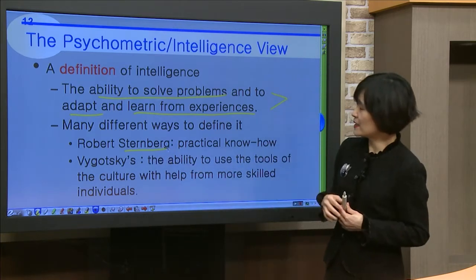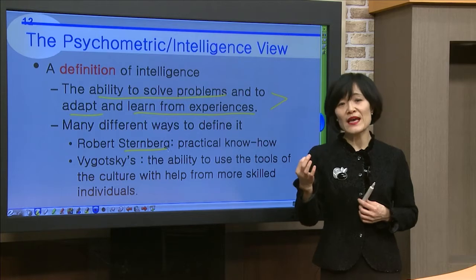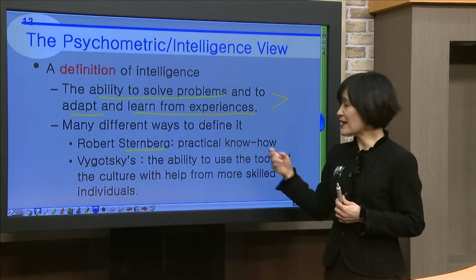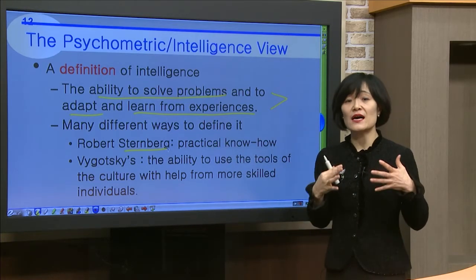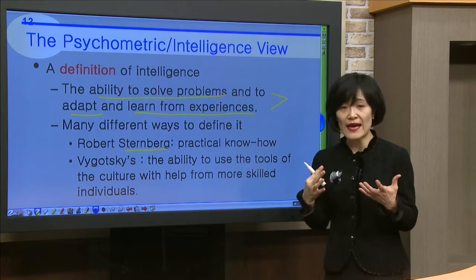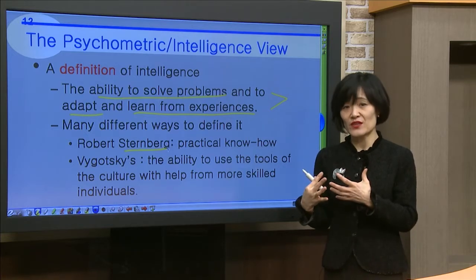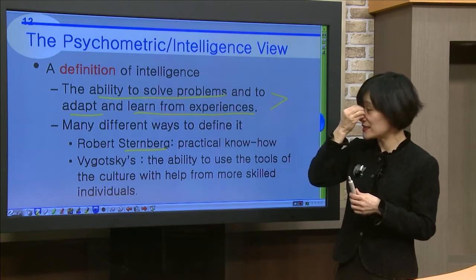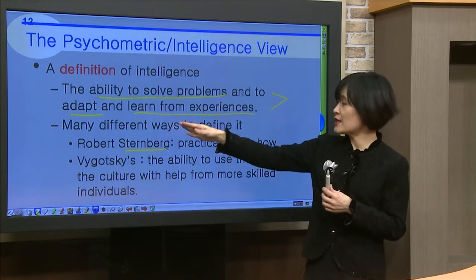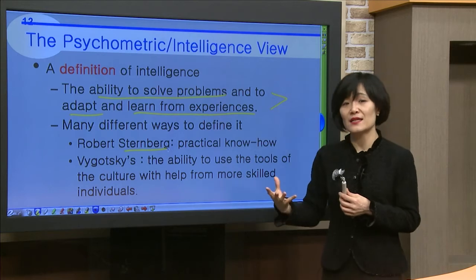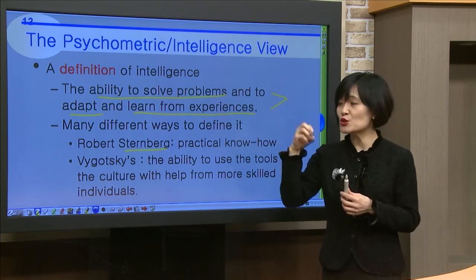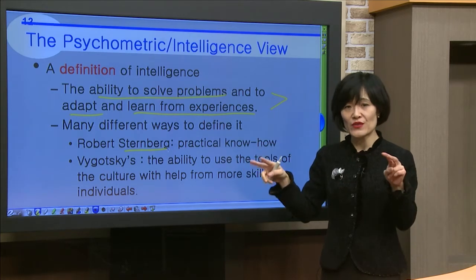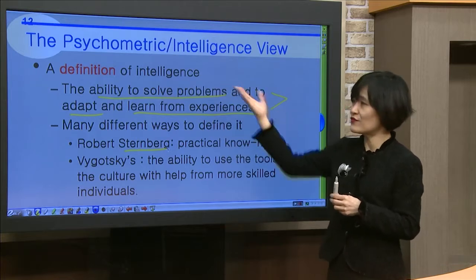Sternberg assumed that we needed to add practical knowledge. It's the know-how. That is another aspect of intelligence, not just solving problems, adaptation, and learning from experiences. He also focused on practical knowledge, knowing how to do things. That is another aspect of intelligence.